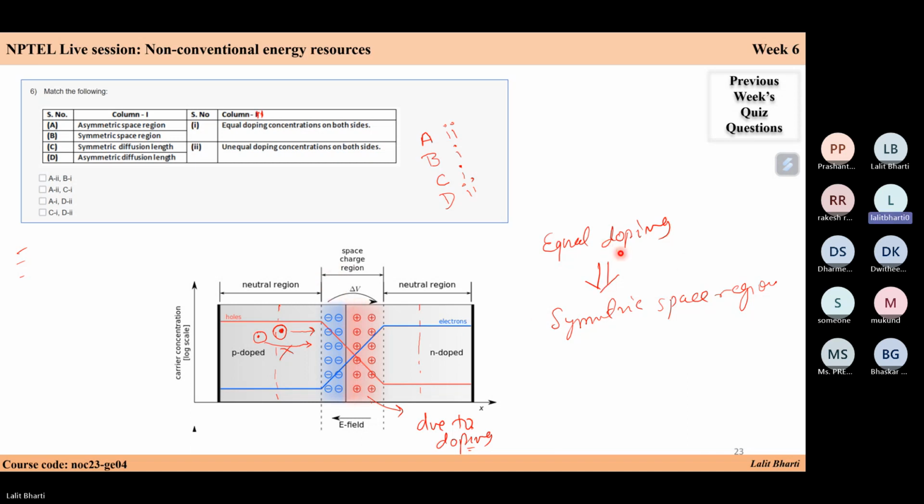So if you have equal doping, you will get a symmetric space region. So your A will lead to second and B will lead to first. Asymmetric to unequal, and symmetric to equal. Similar for the C and D case. So all three options, the first, second, and fourth, these are correct.